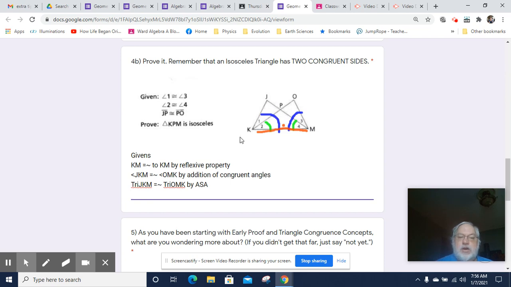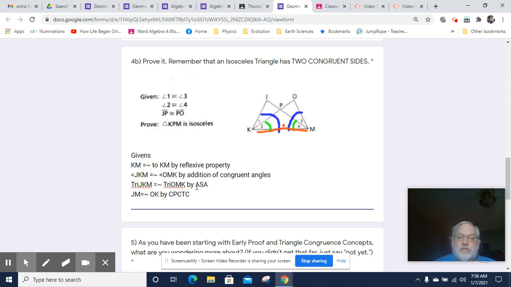So JM is congruent to OK by corresponding parts of congruent triangles are congruent. And now, since those sides are congruent, we can prove that PM and PK are congruent because of JP and OP. So at this point, we would bring in JP is congruent to PO, and that's given.